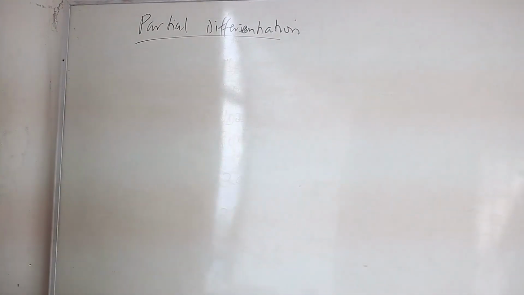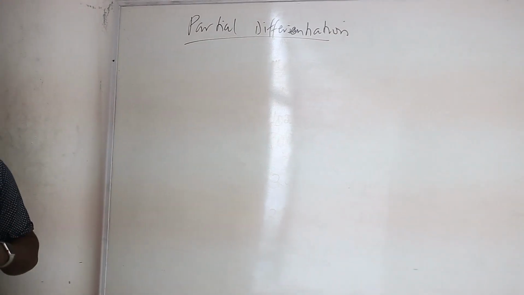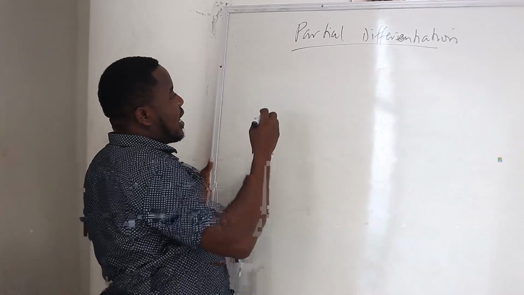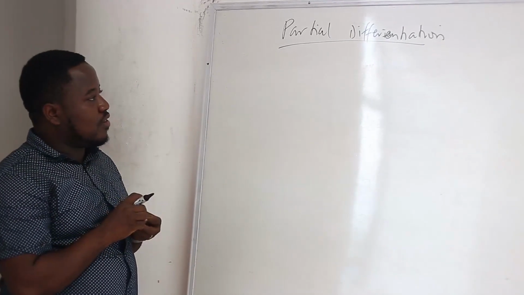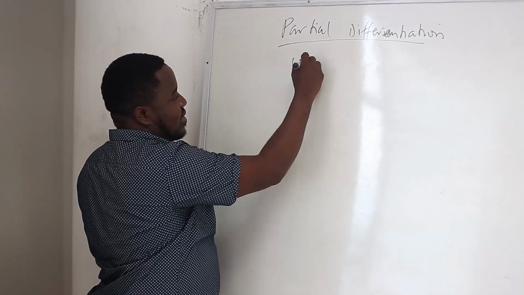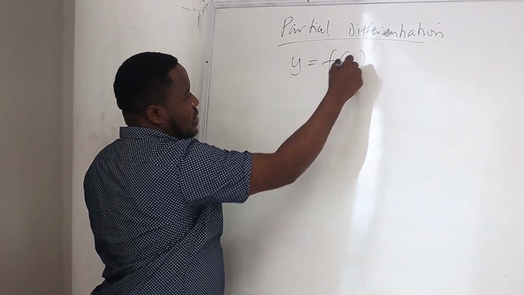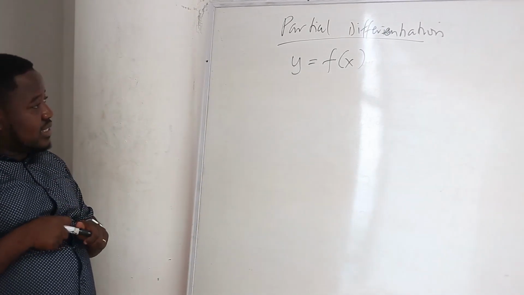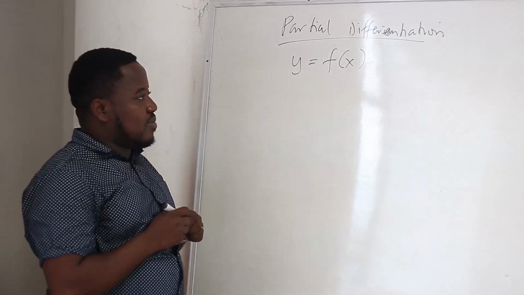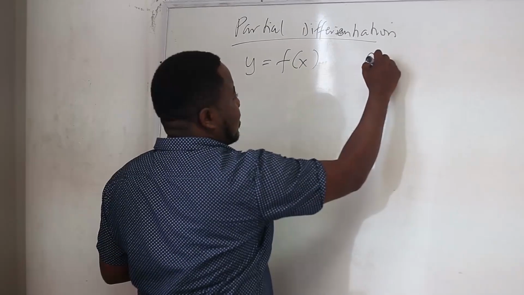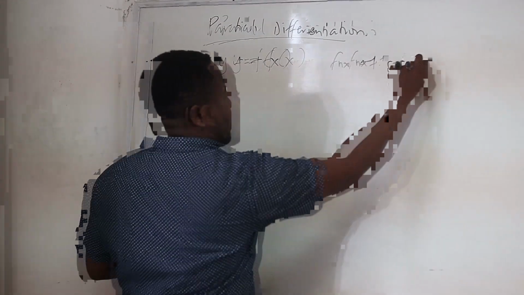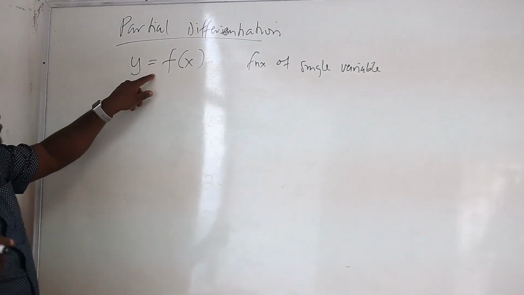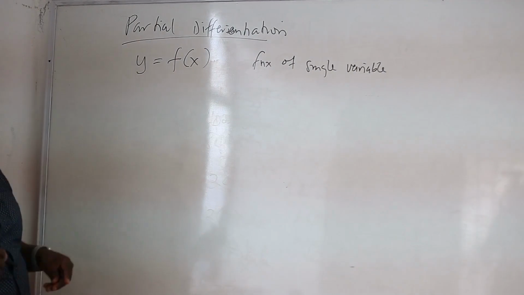Partial differentiation. There are two things you have to remember. First, what we did last week, we have just a function of one variable. So we have y is equal to a function of s. In partial differentiation, we have a function of several variables. So this is a function of a single variable: y depends on only s.